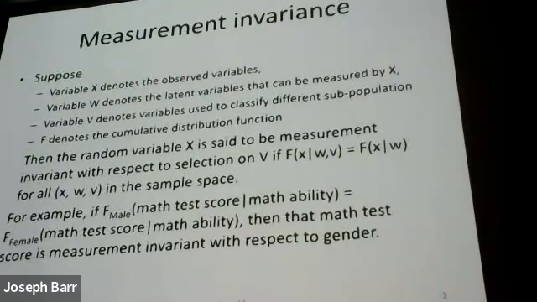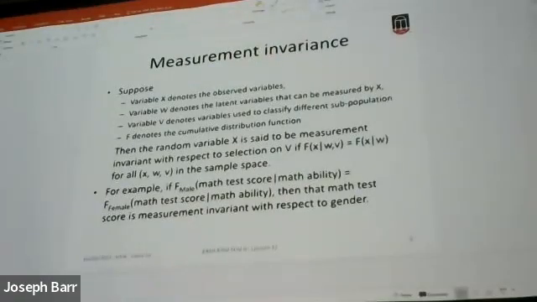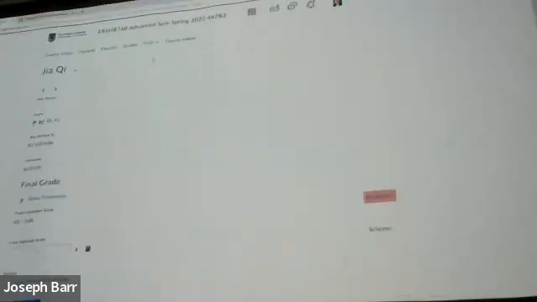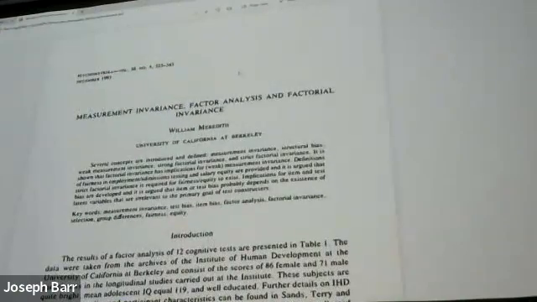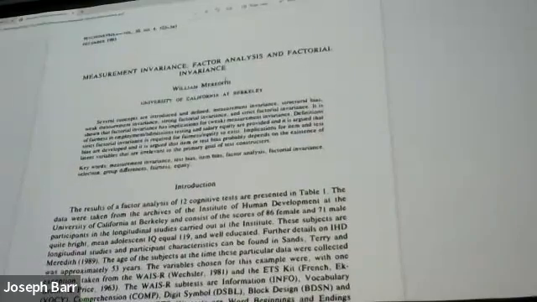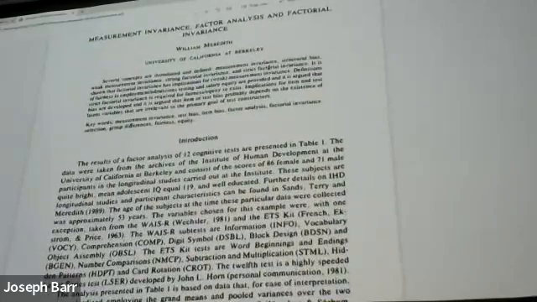The next slides are actually based on a paper on psychometrics. You can just download the paper and look at it online. This is a quite old paper, okay? It's called Measurement Invariance, Factor Analysis and Factorial Invariance. It's from Berkeley.